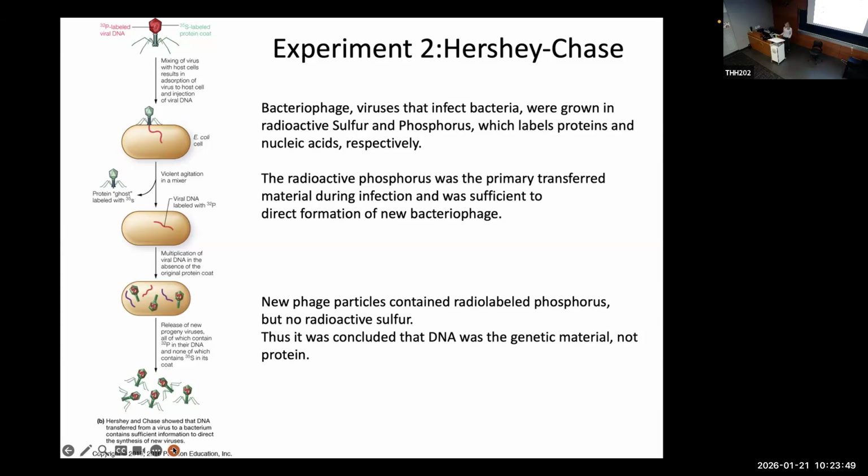The second experiment that we'll talk about is called the Hershey-Chase experiment. This is also a classic experiment, and this was done using bacterial viruses called bacteriophage and their host cells, which are bacterial cells. The way that phage work is, they have a very simple protein coat that protects and houses the DNA, which is the genetic material of the phage.